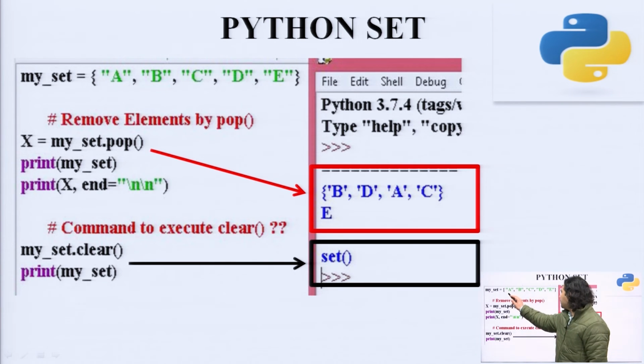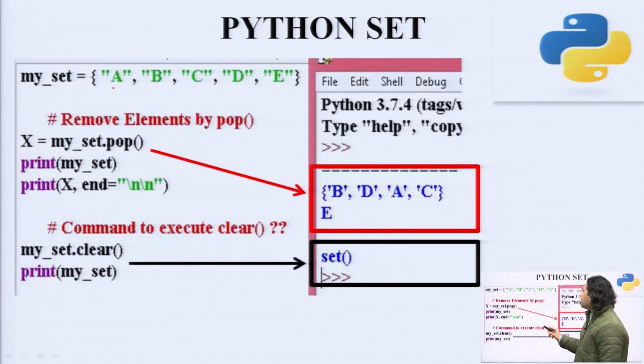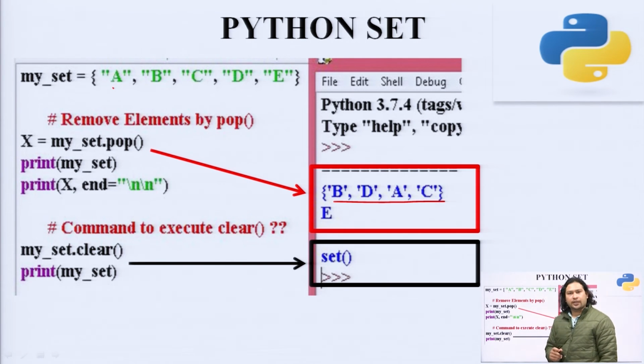Here the my set, you can see the order A, B, C, D, E, but while running the program you can see the order is totally changed. It is B, D, A, C. So, this proves that the set data type is totally unordered data type. Similarly, here you can see that this E element is at the beginning of this one.